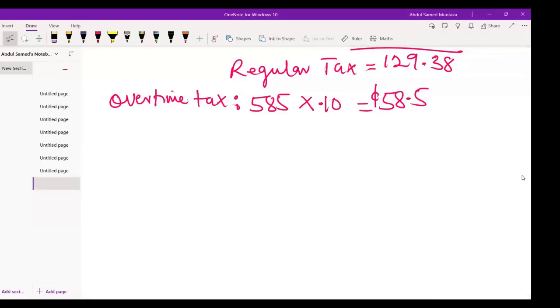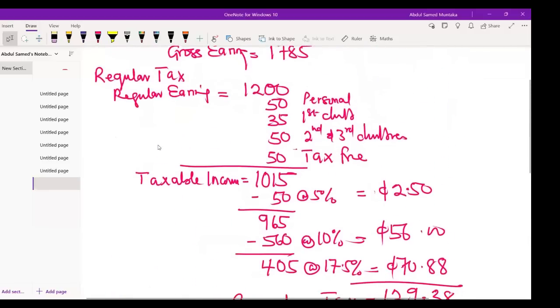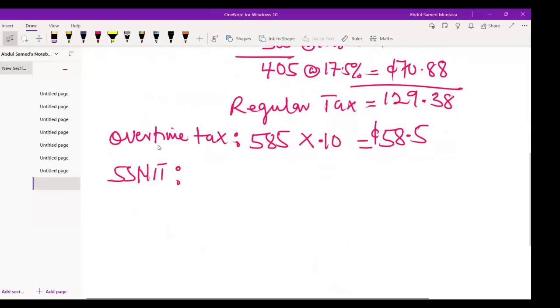Now, if you look at the schedule, were we asked to calculate Senate? Yes. Senate is 5.5%. So we are now going to calculate Senate. Remember, we said Senate is calculated on regular income. Her regular income was what? 1,002. You are not going to calculate Senate on taxable income because Senate is not a tax.